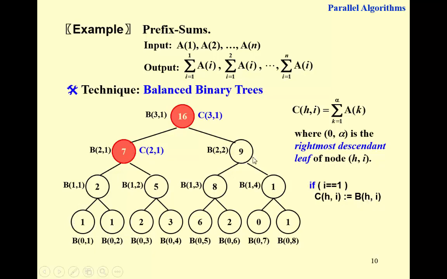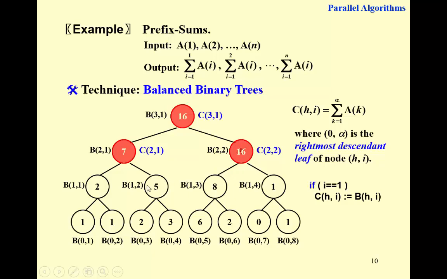Okay, now let's check out this one. By definition, what should be the value of C of 2,2? By definition, it's supposed to be the prefix sum from 1 to alpha, where alpha is the rightmost descendant leaf, which is 8. So this one is supposed to be the same as the root, right? So this one is supposed to be 16.